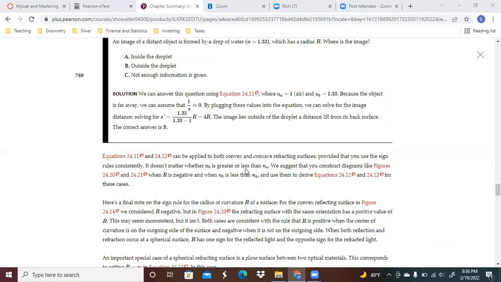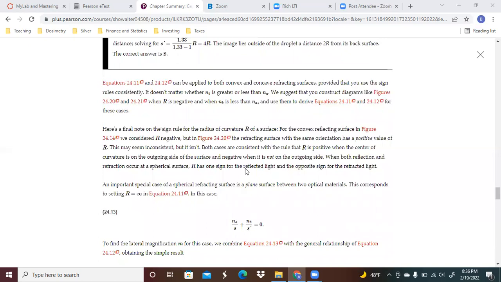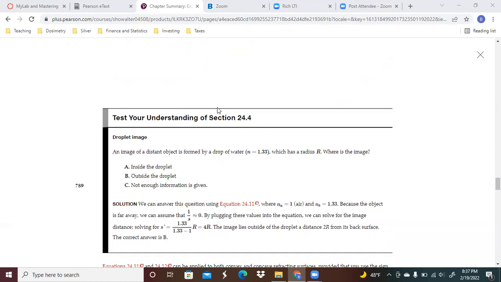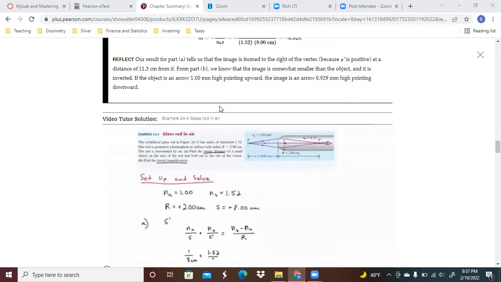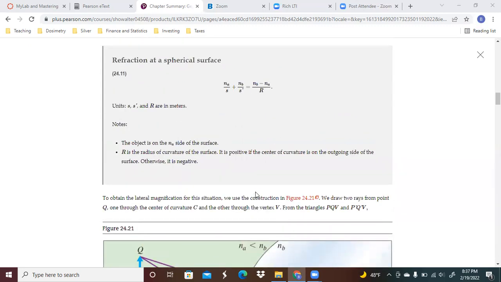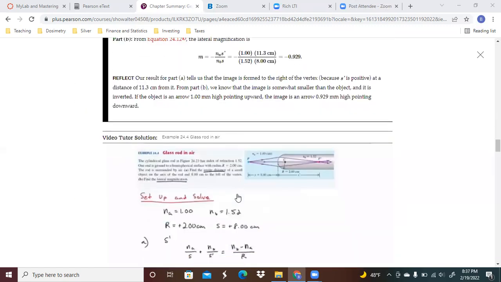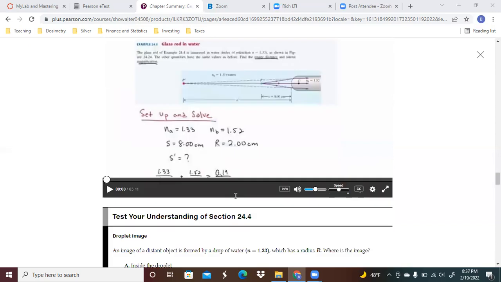All of the problems here are worked through using those types of approximations in order to boil things down to a simple formula. So equations 24.11 and 24.12, let's see if we can pinpoint those. This one and this one look somewhat similar to what we've had before, but they're not exact.